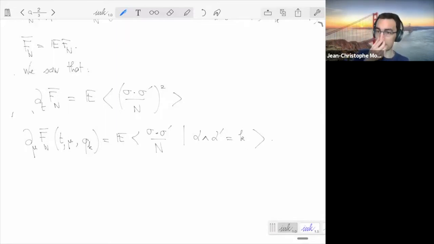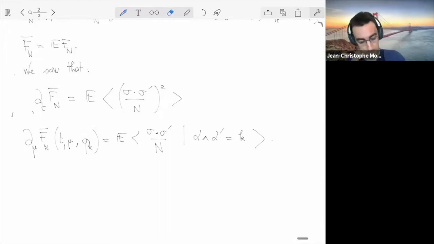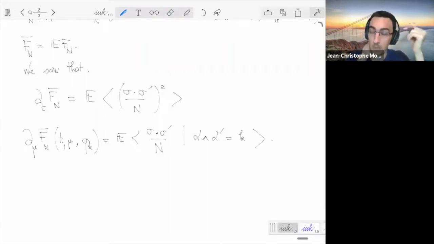I claim that this is progress compared with the situation in which we had only access to the expectation of the sigma overlap. In our first naive attempt, the error term was the variance of the overlap. Now I claim we can make it the conditional variance given the alpha overlap.